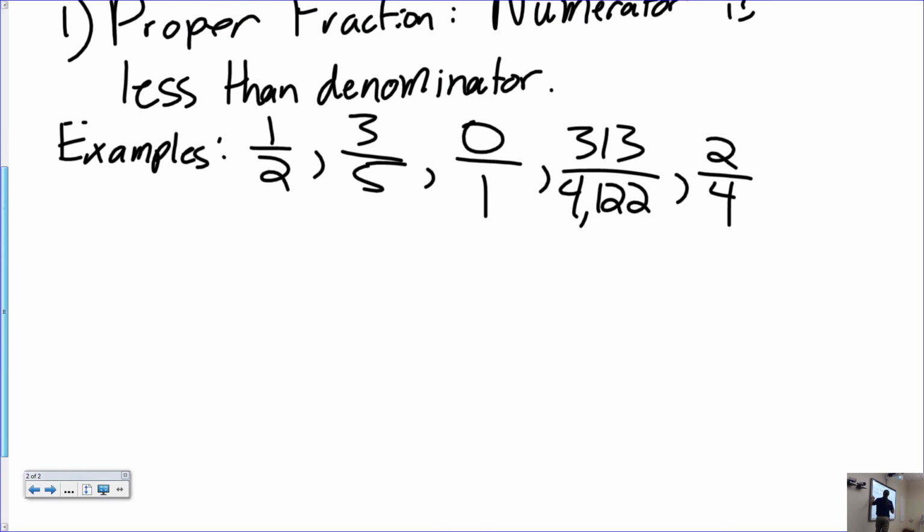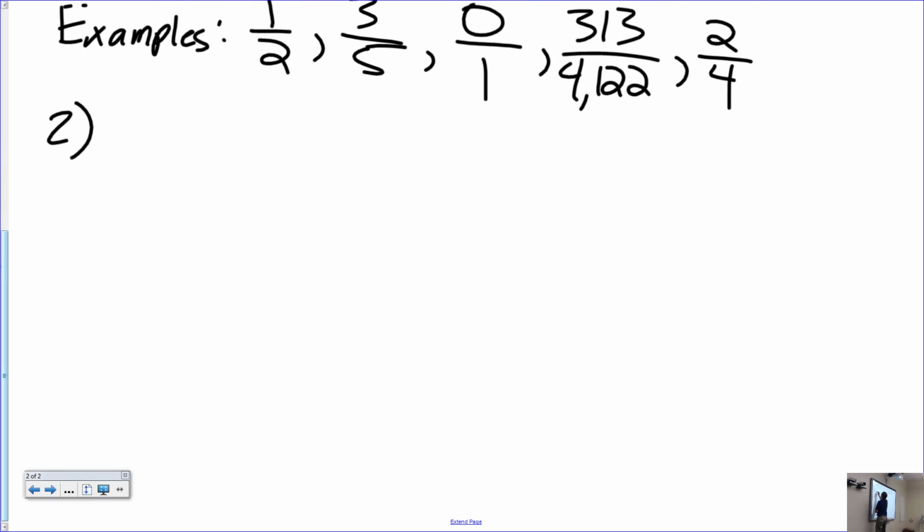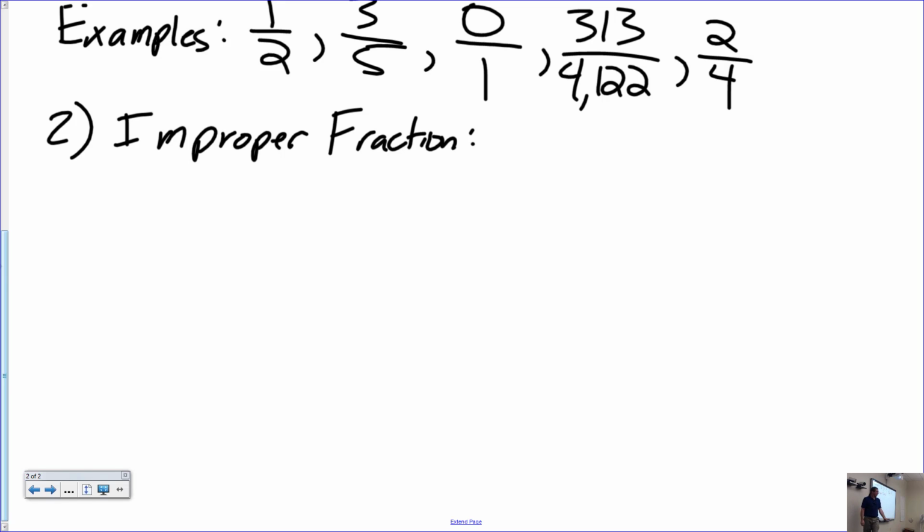So if you can have a proper fraction, what else can you have? Improper, right? The opposite of proper is improper. And it is the opposite of proper. So what is the opposite of less than? Greater than. Keep going.